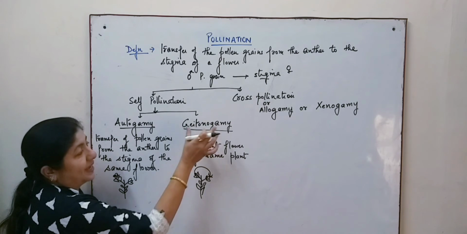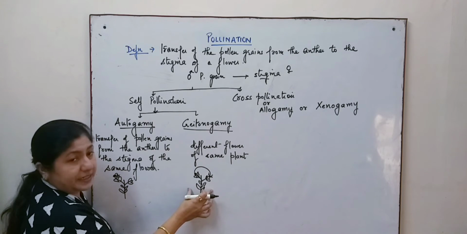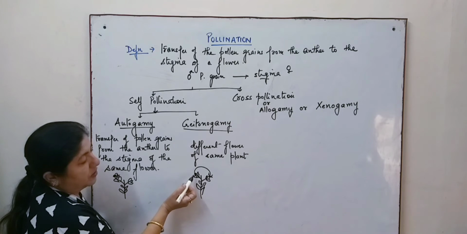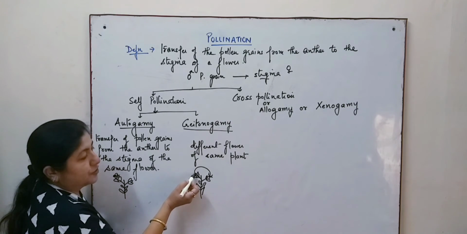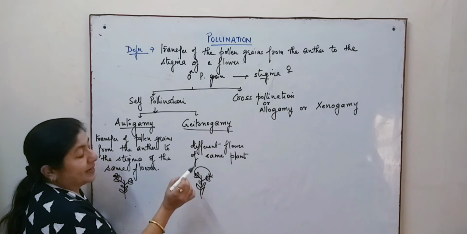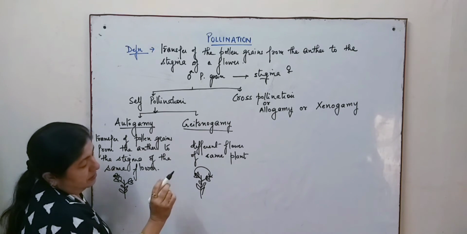So functionally, geitonogamy is cross-pollination, because the pollen grain needs to be transferred from one flower to the other flower, although of the same species. But genetically it is self-pollination.